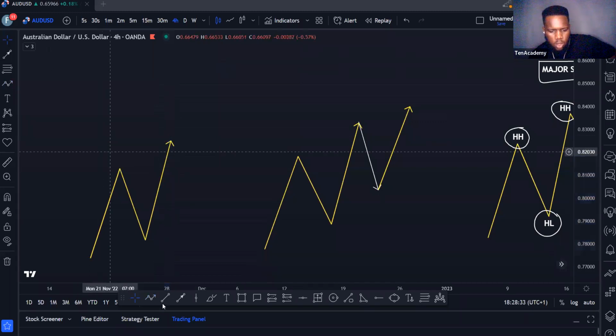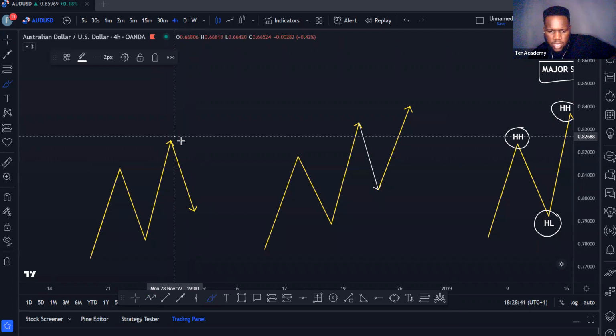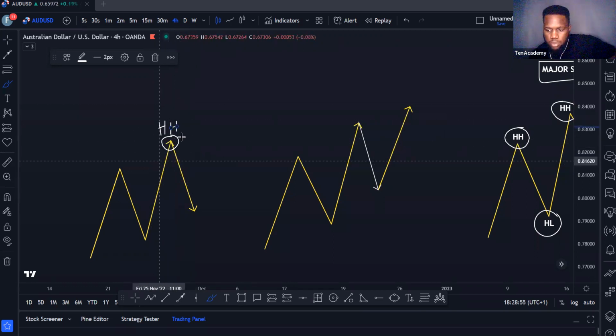When price is creating a higher low, this right here is the previous higher high, or the most recent higher high. For price to create a new higher high, this previous higher high needs to be broken.